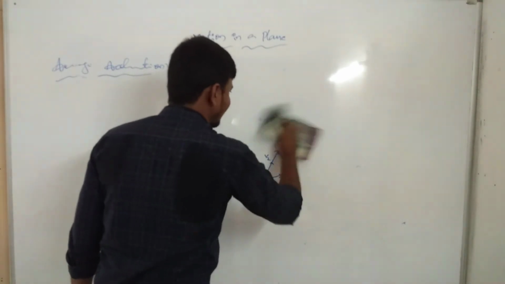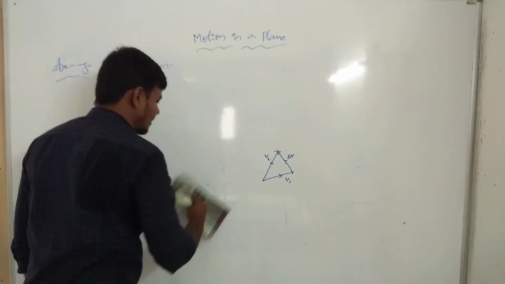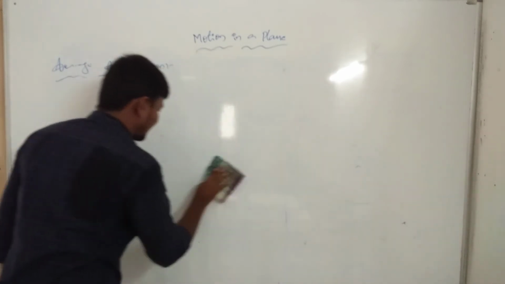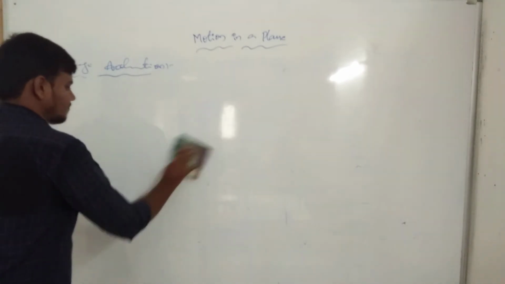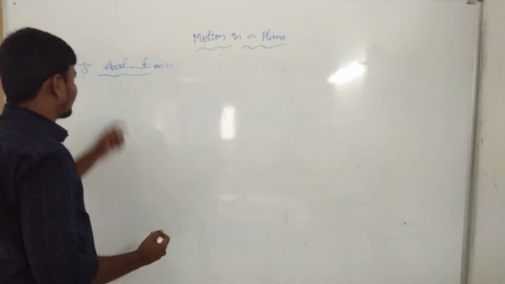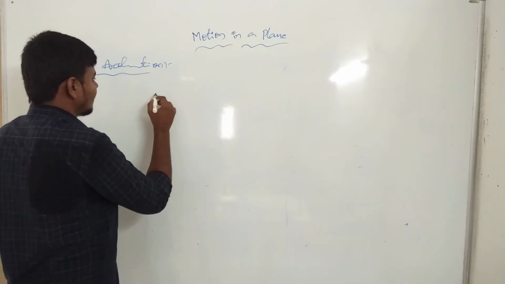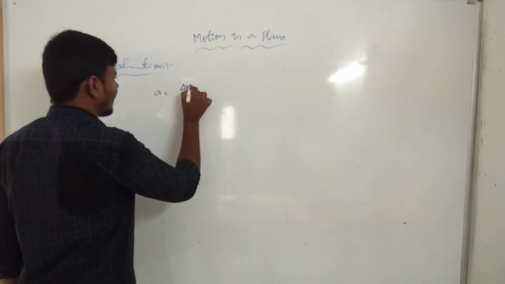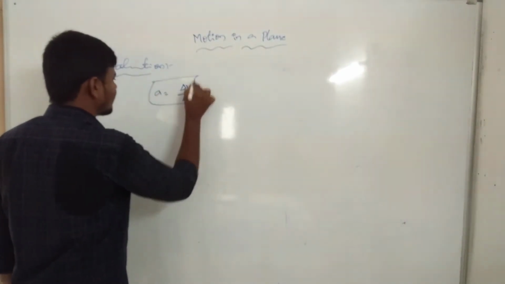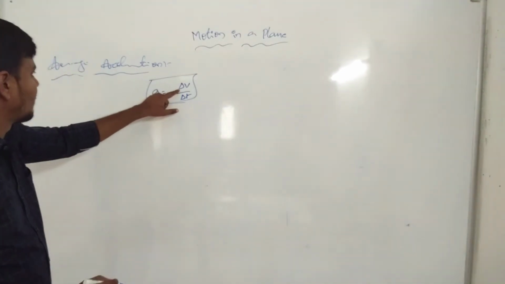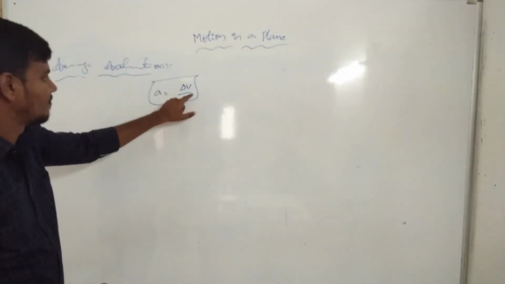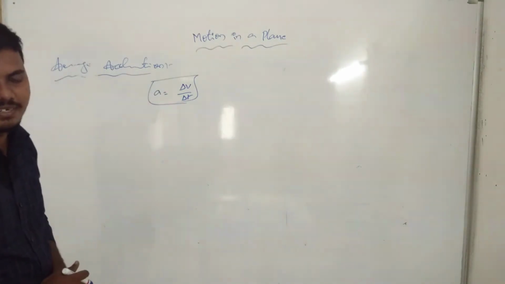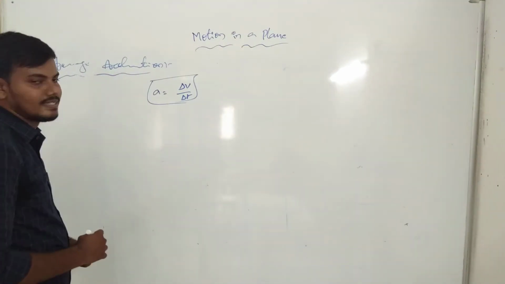Average acceleration means we take the delta function, so A is equal to delta V by delta T. This is the equation. Delta means we apply the average function. The rate of change of velocity is known as acceleration. Delta V by delta T, in the x-axis and y-axis.